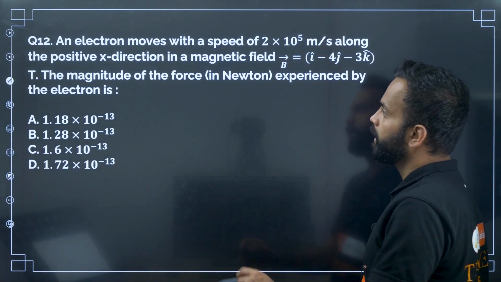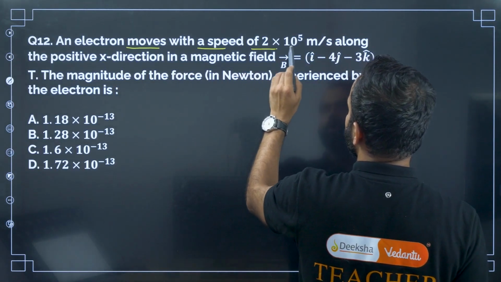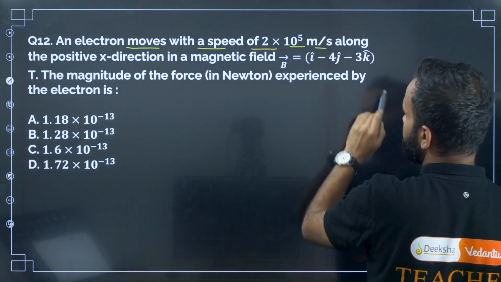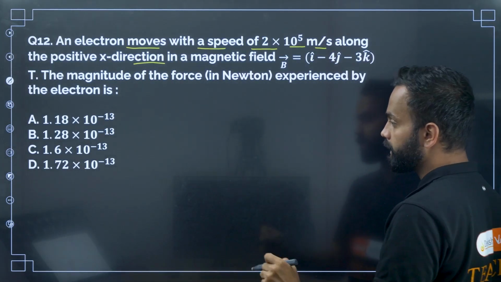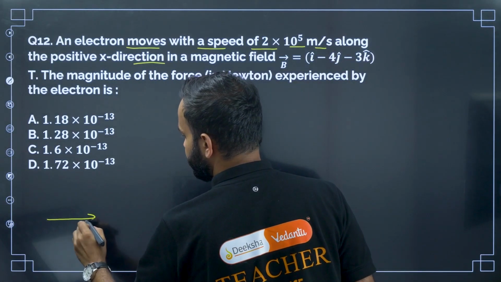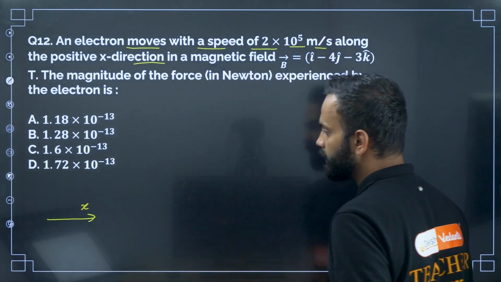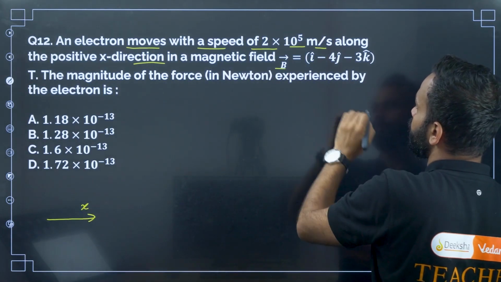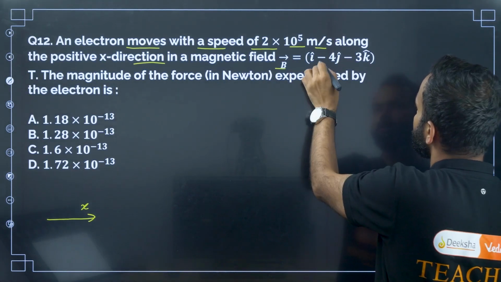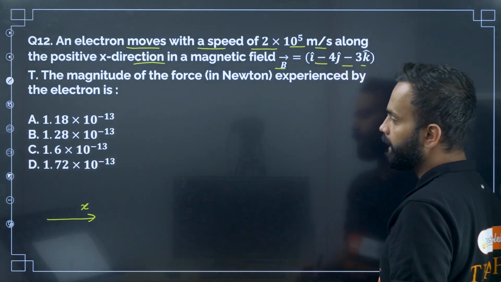Question number 12. An electron moves with the speed of 2 into 10 to the power 5 meter per second along the positive x direction, in a magnetic field of B vector equal to i cap minus 4j cap minus 3k cap.